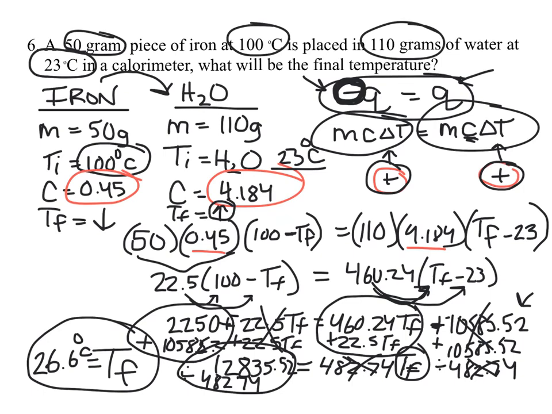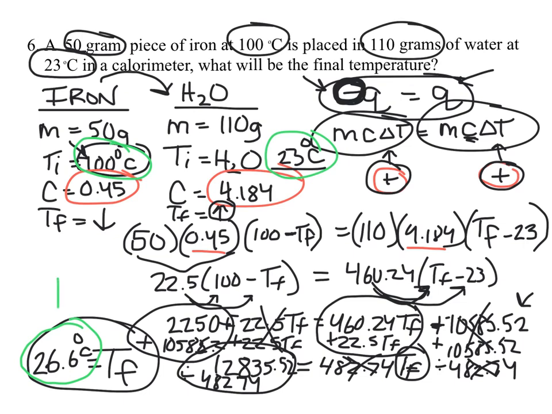Now, let's make sure that temperature actually makes sense. You had hot iron at 100 degrees. Okay, let me change my color here. So hot iron was 100 degrees. Water started at 23. You put the hot iron into the water, and now the temperature of the water rose to 26 degrees. Yeah, that makes sense, because you had 110 grams of water and you put 50 grams of hot iron into it.